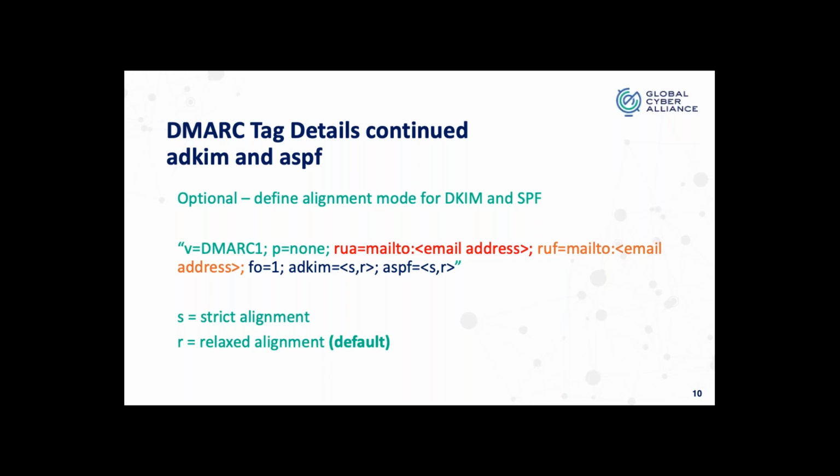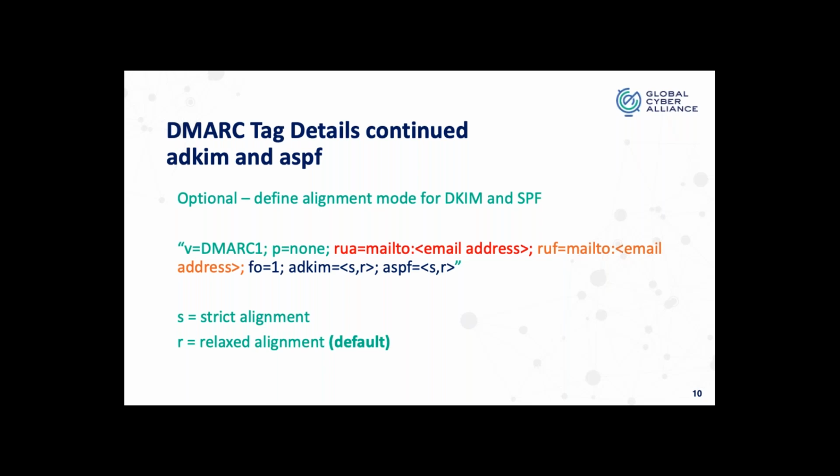In some cases, some mail service providers just don't do that, especially with SPF. Their SPF domain may not match your actual from domain. That's why you end up staying in relaxed, for both adkim and especially aspf. In some cases you can get away with putting adkim into strict alignment if you choose to.